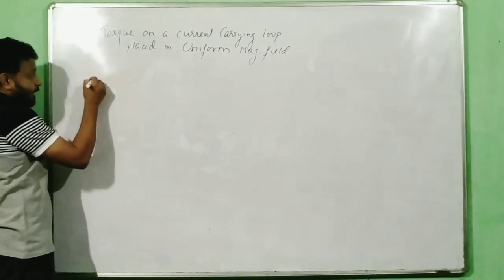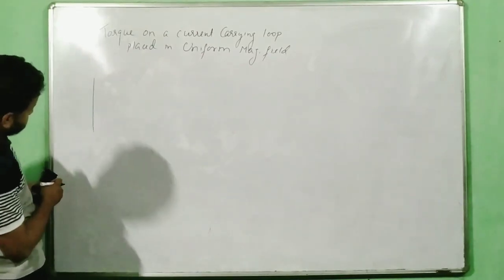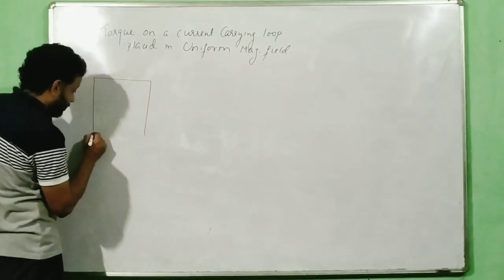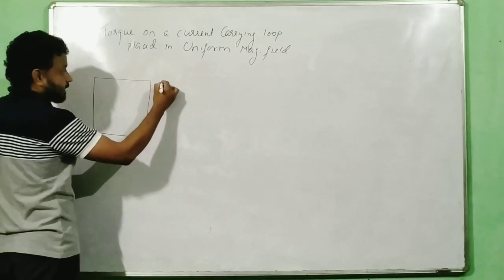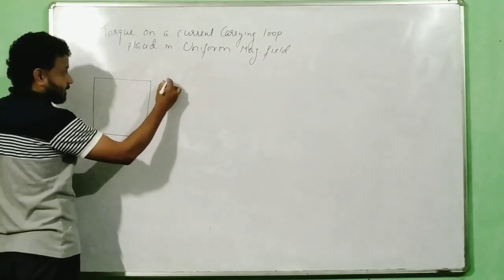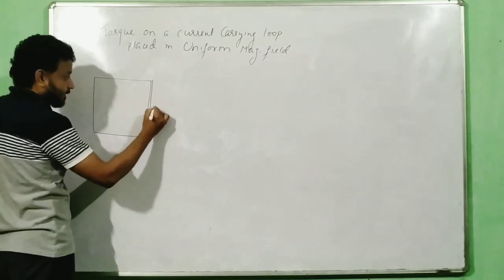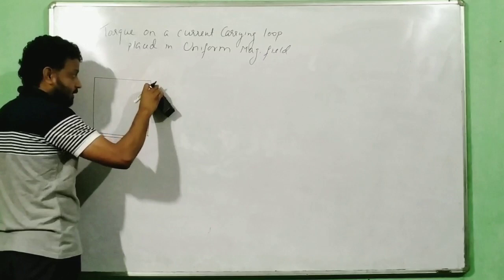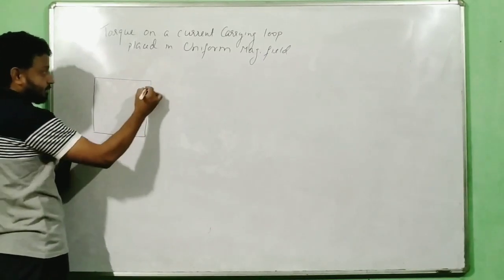Consider that I have a loop of side length. Let us say I have a side length of length L, and this one is length B. Okay, I will not draw L. The lesser I draw lines over here, the more simpler will be the diagram.